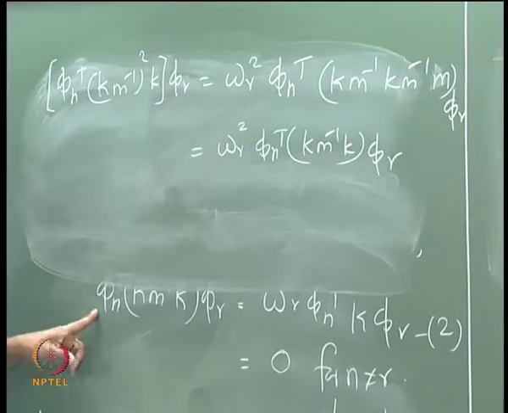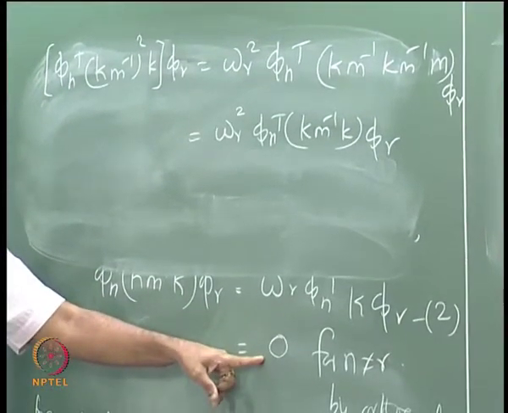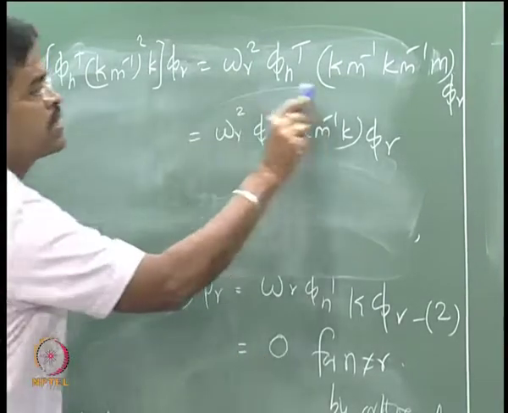So, phi n transpose K m inverse K of phi r is already 0 from equation 2.